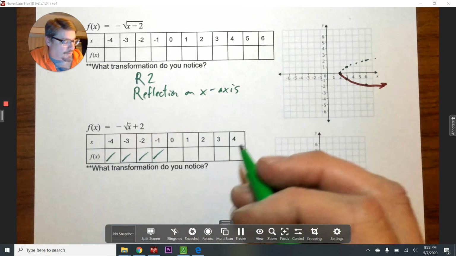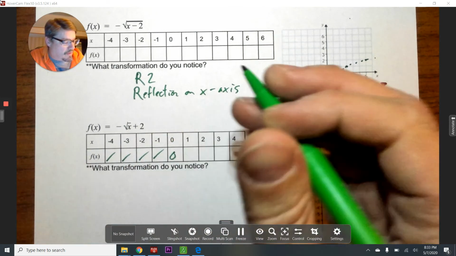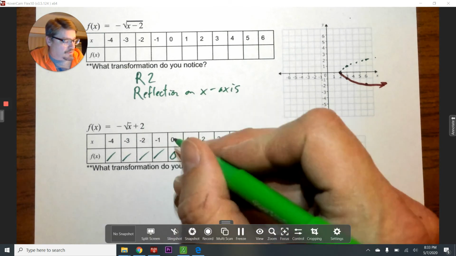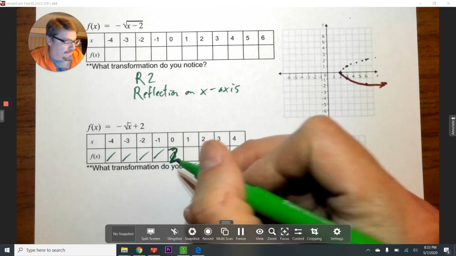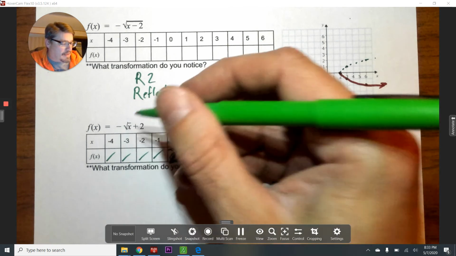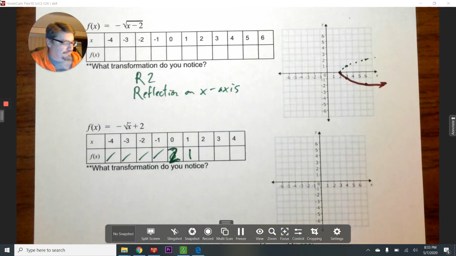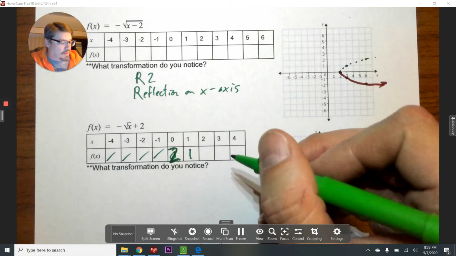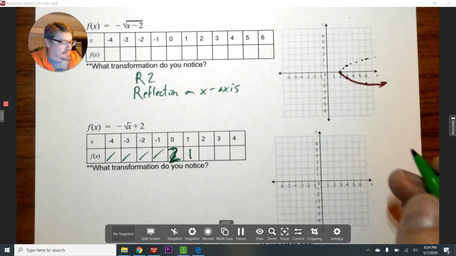Okay, so when I plug in a 0, though, I do actually get 2. So let's fix that. Okay, so 0, 2. Then when I plug in a 1, I get a negative 1, so that's going to be 1. When I plug in a 2, it gets a decimal. When I plug in a 4, I'm actually going to get 0.